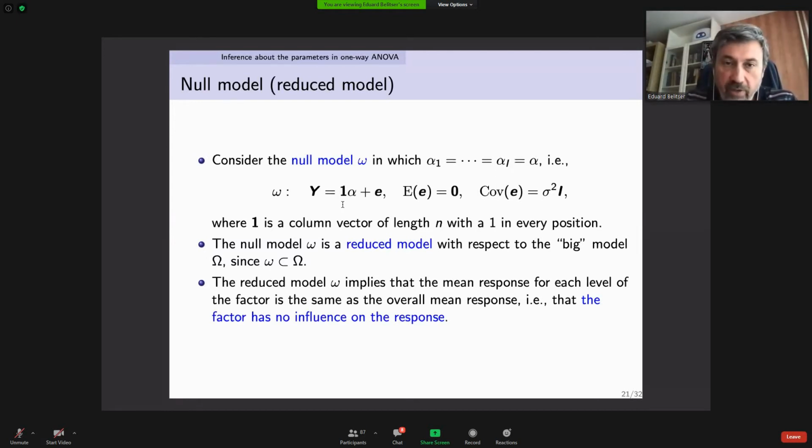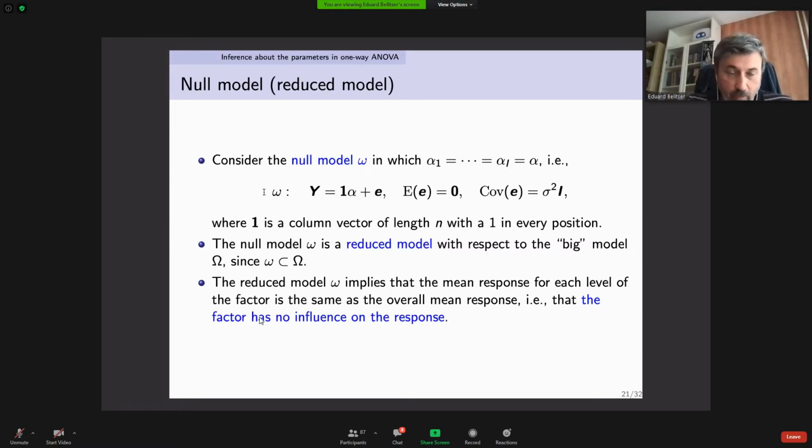So therefore, I write it again in matrix form. But now this is exactly our matrix. This matrix consists of only one vector, which is just 1, 1, 1, 1, 1. All the other things remain the same, but what changes is this matrix X, which now consists of only one vector, and which boils down to a very simple model.